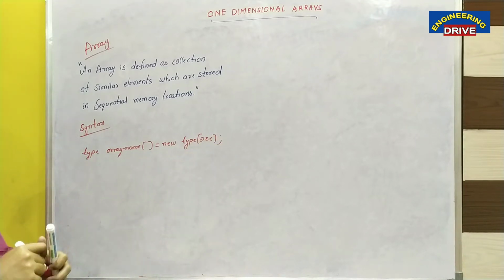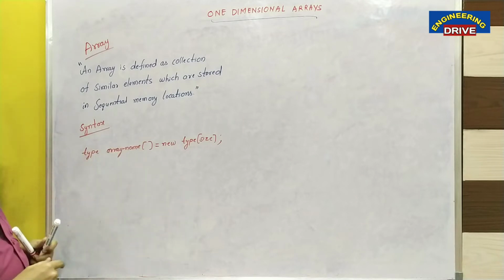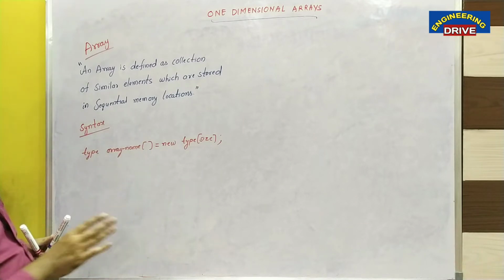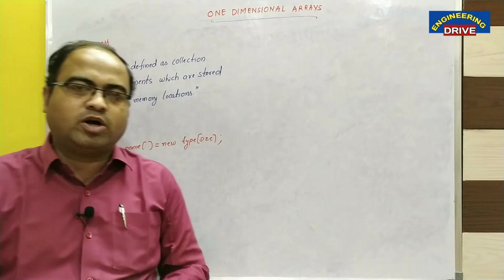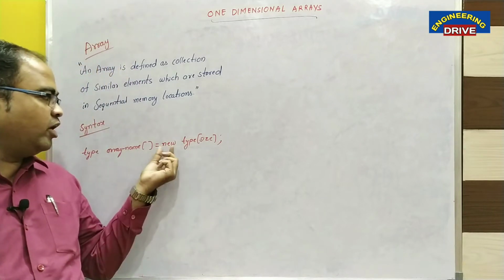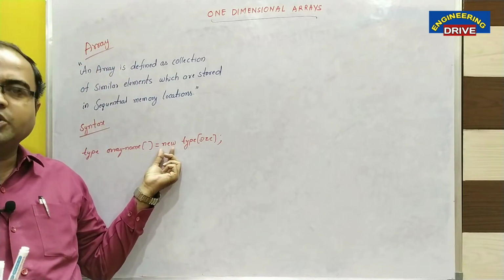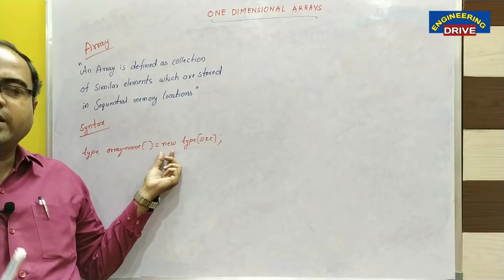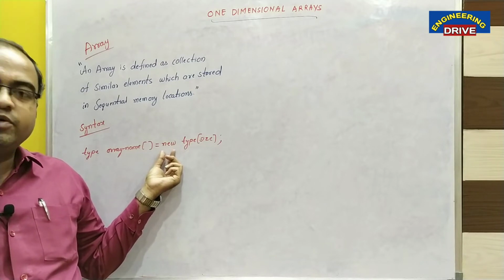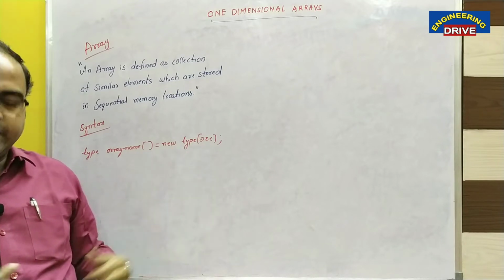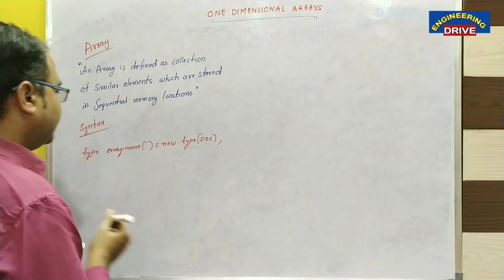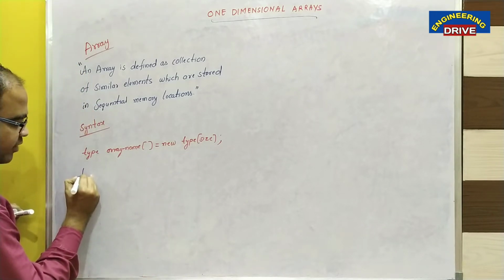In this way we need to create an array in Java. In Java, arrays are often referred to as objects also, because here we are making use of the keyword or operator new. The purpose of the new keyword is to allocate the memory for the array. Let us see one example now so that we have a clear picture.